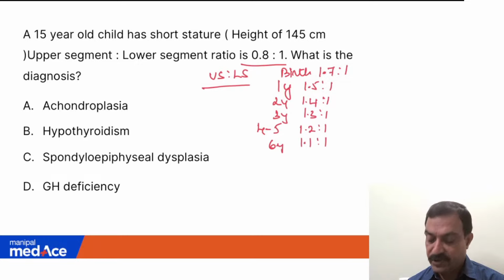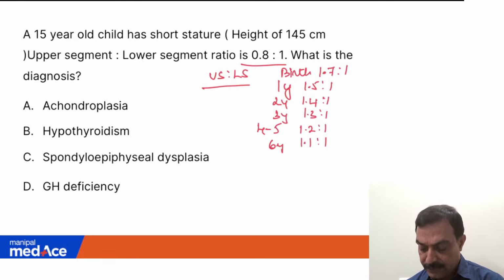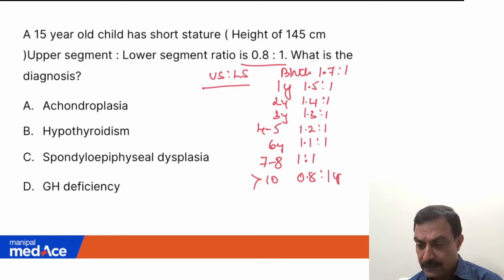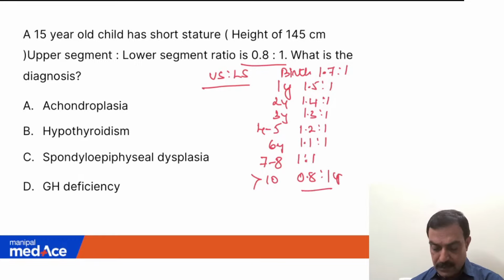which means that the lower segment is increasing in size and the upper segment is reducing in size. Around 7 to 8 years of age, we expect the upper segment and lower segment to be equal, and after 10 years, the upper segment is shorter and the lower segment is higher.